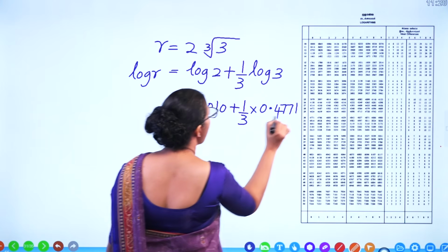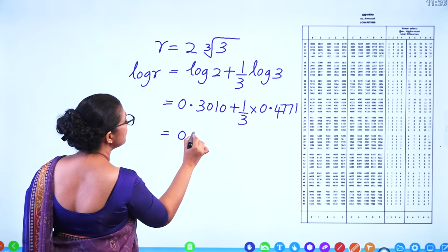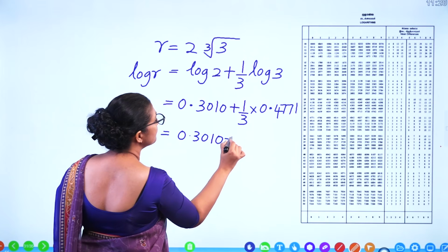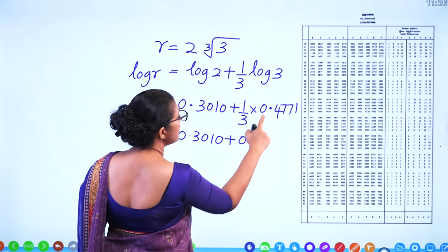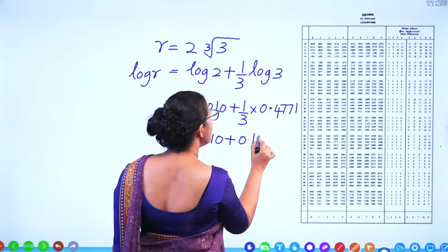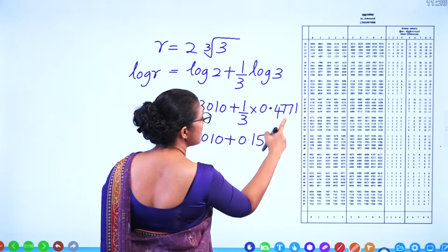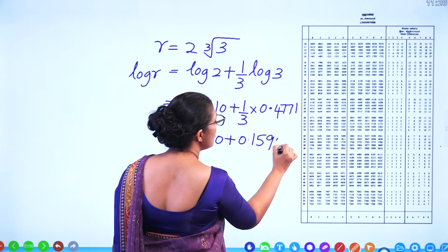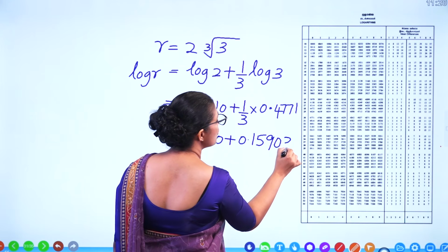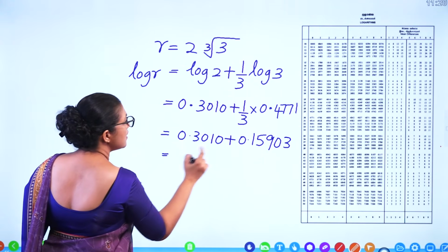Divide 4771 by 3 first. 3 times 1 is 3. For 17, 3 times 5 is 15. 27, that's 9. For 1, 0. And for 10, that's 3. So you don't need to add it. Add 3 there.